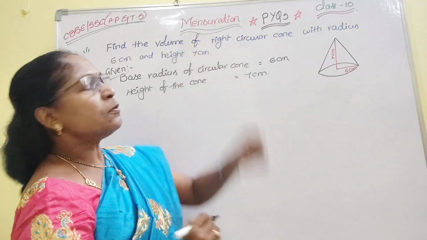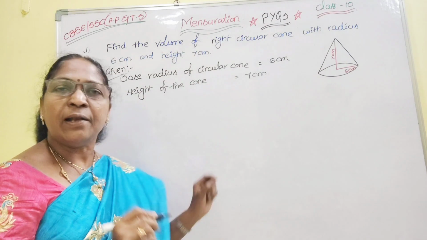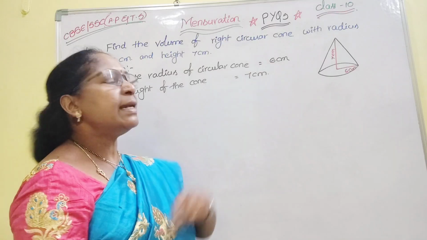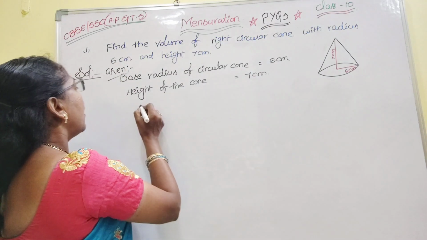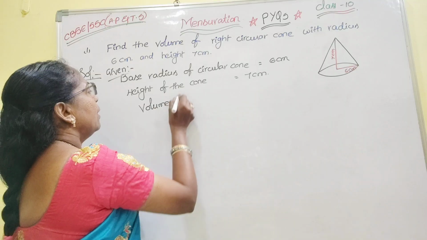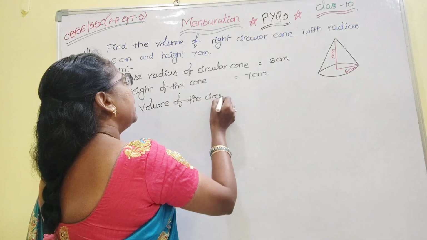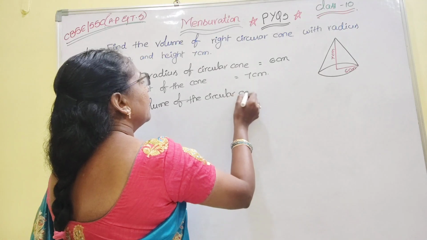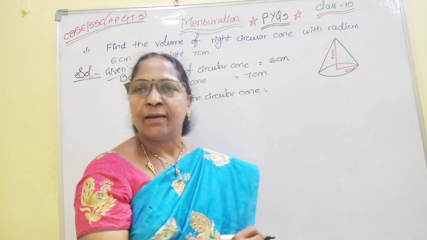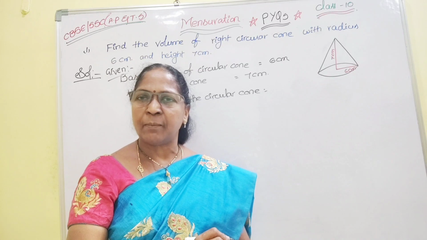Next, what you have to find out, you keep a question mark. Find the volume of the right circular cone. That means volume of the circular cone equals, what is the formula?